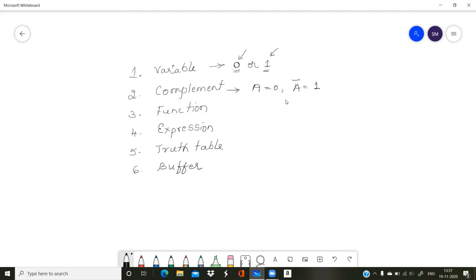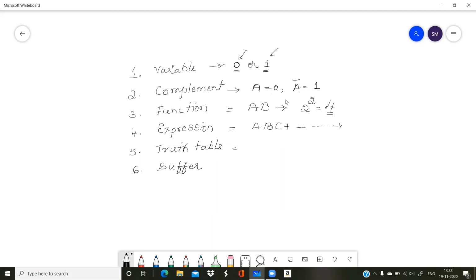If it is 1, then the complement will be 0. Function is the possible combinations of variables. If you have two variables, 2 to the power 2, total combinations are 4. These are the functions. Expression: using any number of variables, if we create equations in any form, that is called an expression.